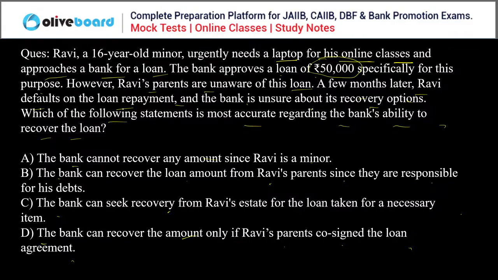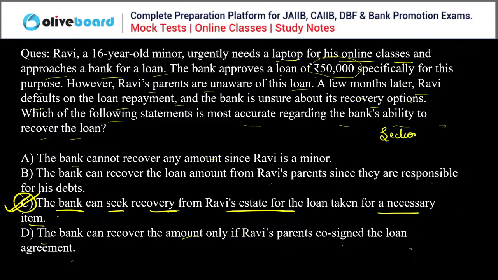So Section 68 says that a minor is allowed to borrow a loan from the bank if it is for the necessities of that minor, and in this condition the minor's estate is liable for recovery of that loan. So, according to Section 68, the bank can recover it from Ravi's estate because the loan is taken for a necessary item. So C is the correct answer.